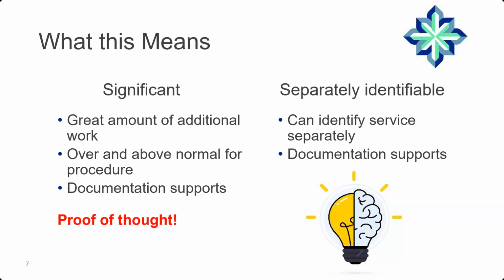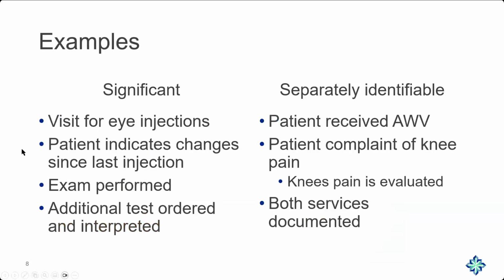So I do want to give you some examples here, though, of when it could apply. For our first example, we're talking about significant, and you have a patient that came in today for eye injections.